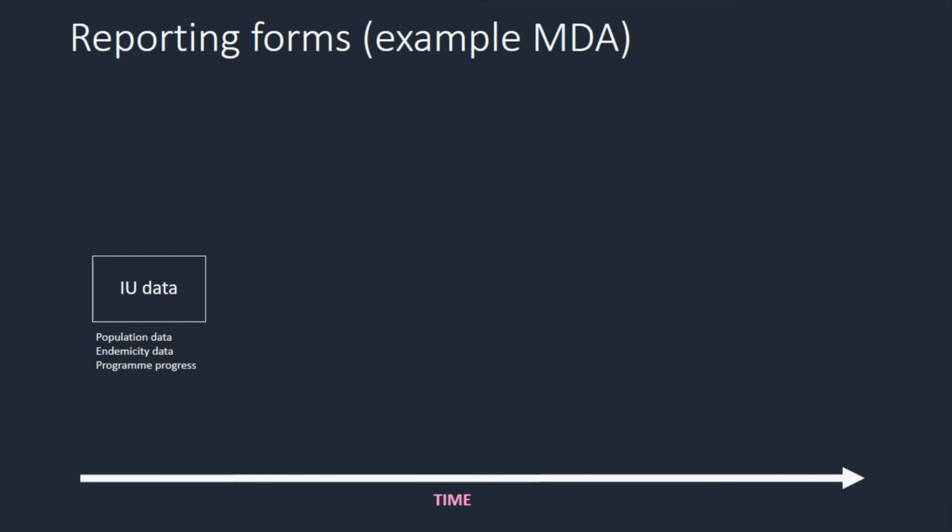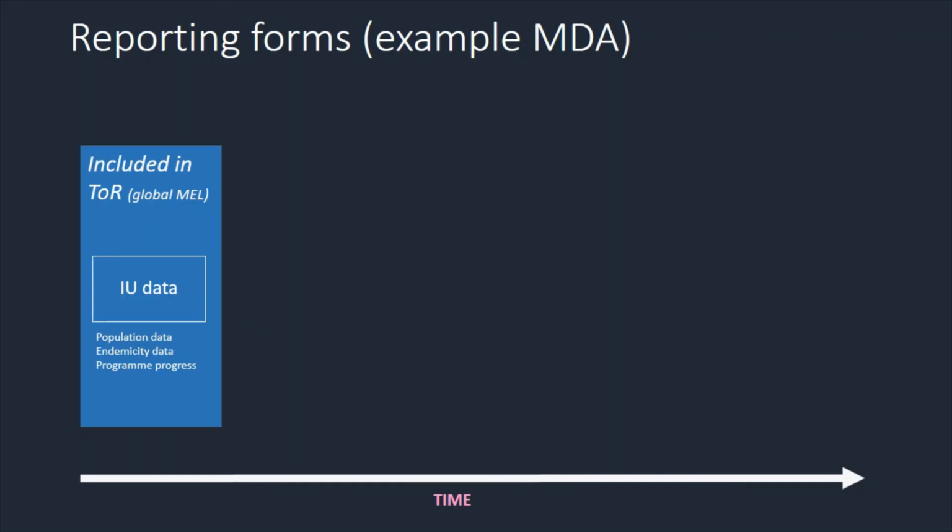What's the endemicity of LF in that IU? And how far are we in the progress of the control program? So how many rounds of MDA, for example, have been completed? This information is available and updated by the global MEL team and will be included in the TOR. So this is a task which is performed by the global team. And if there are any changes in endemicity status, the change will also be made by the global team.